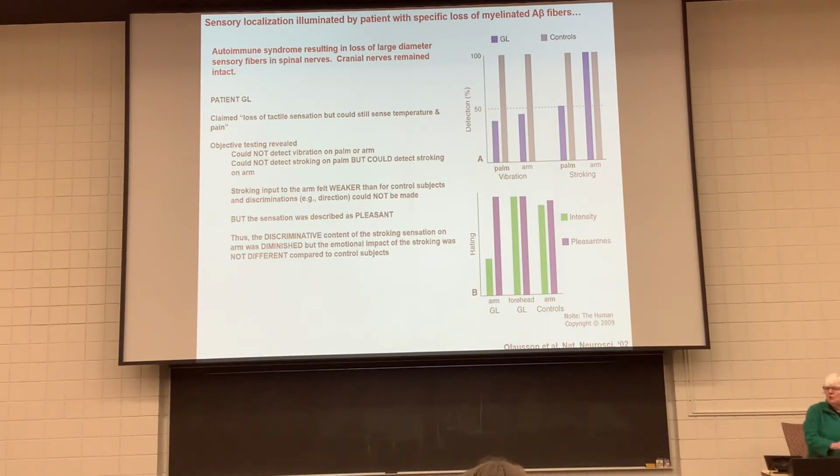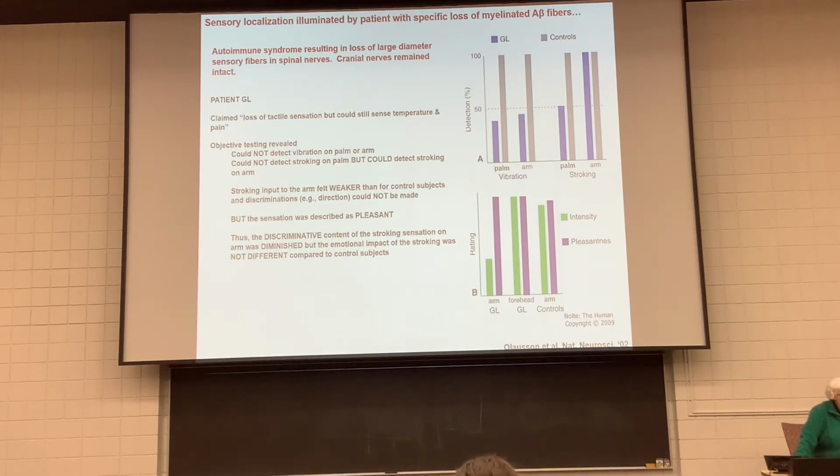Somebody stroking your arm, patting, a little rub, it has a nice feeling. Forehead, no difference. Does that make sense? Yeah, because cranial nerve 5 is intact. No issues there. Controls, of course, could feel everything. So she did not have discrimination. She couldn't tell you where it really was, but there was an emotional impact with the stroking.